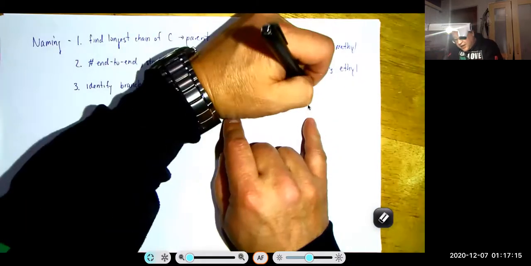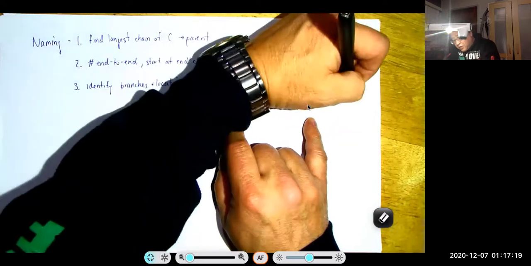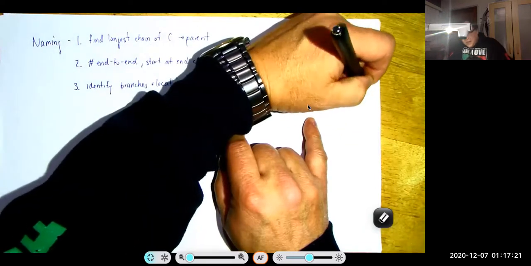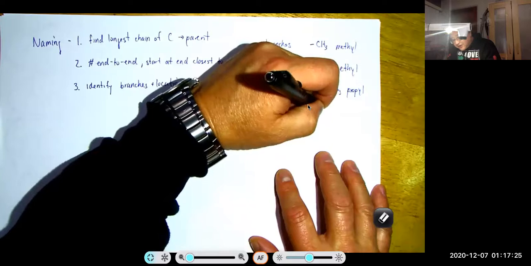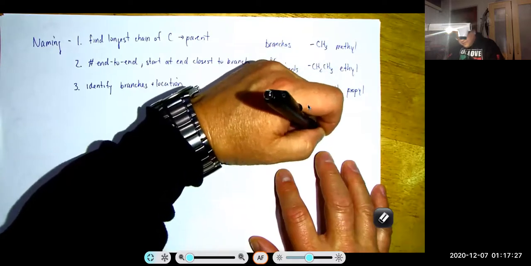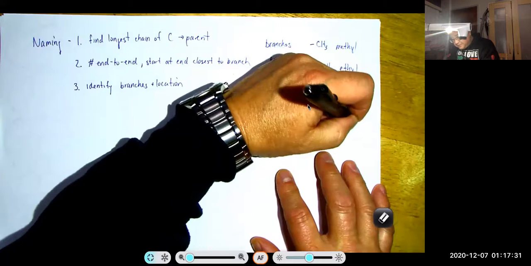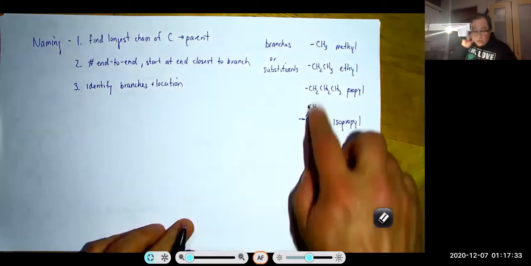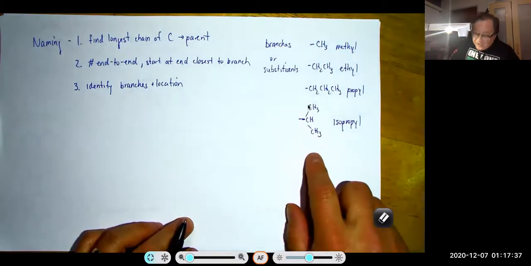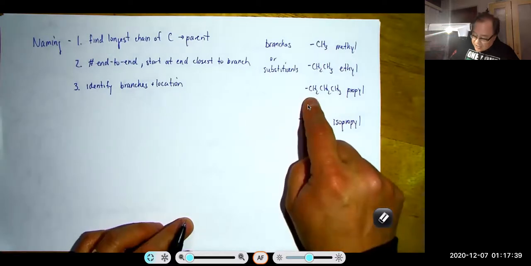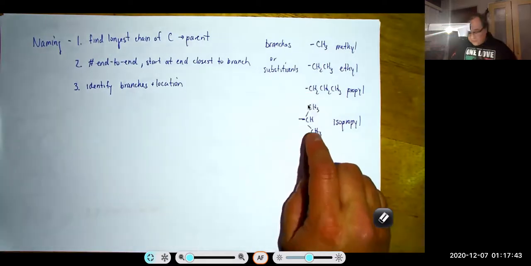If you have a CH2CH2CH3, it's called a propyl. And if you have a CH and a CH3 and a CH3 like this, it's called an isopropyl. You can see that these 2 substituents look similar to one another. There's 3 carbons, but this branch is attached by an end carbon. This branch is attached by a middle carbon.